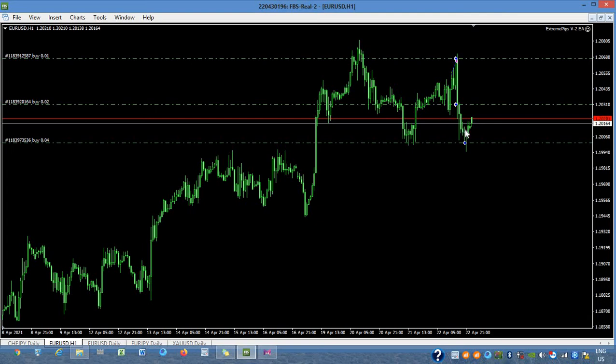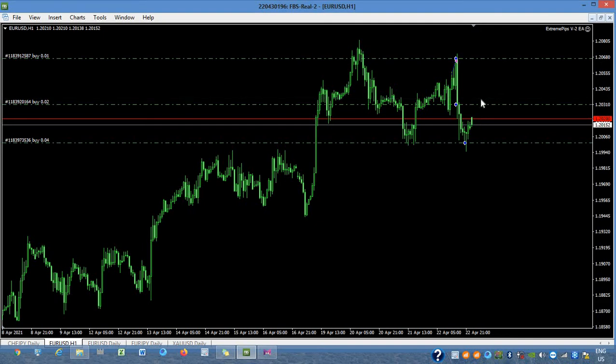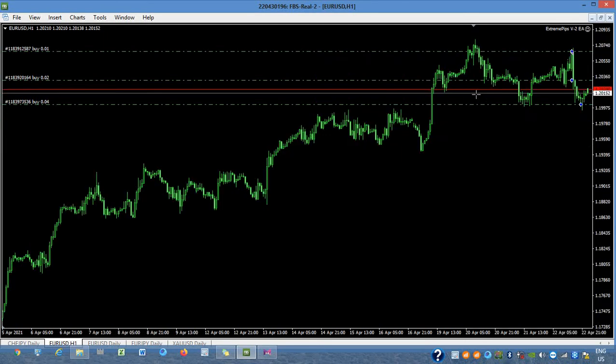For this distribution phase we already have 3 entries. If the price hits the upper side just a little bit on the second entry, we will take this profit here.